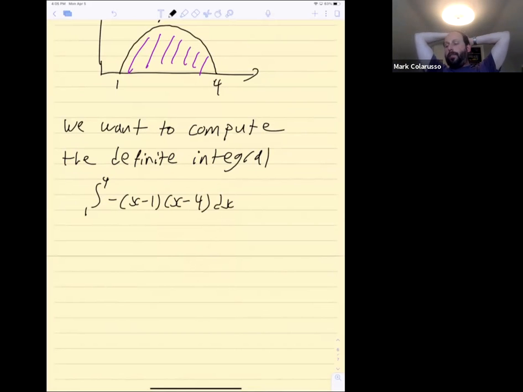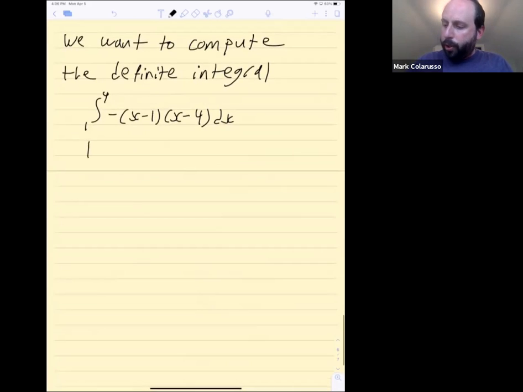Now, to do this, we did an example like this with an indefinite integral last week, but you need to expand the function inside the integral to be able to use our sum rule and reverse power rule, etc., to find the antiderivative you need. So first you have to expand the function inside the integral.